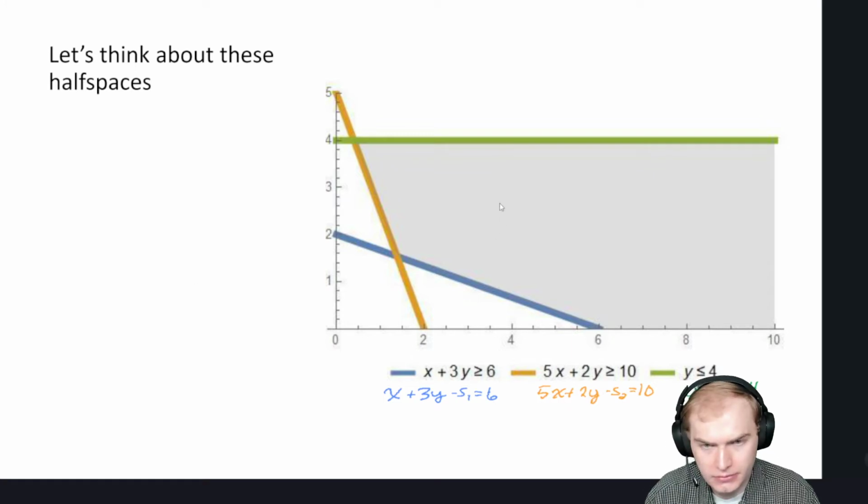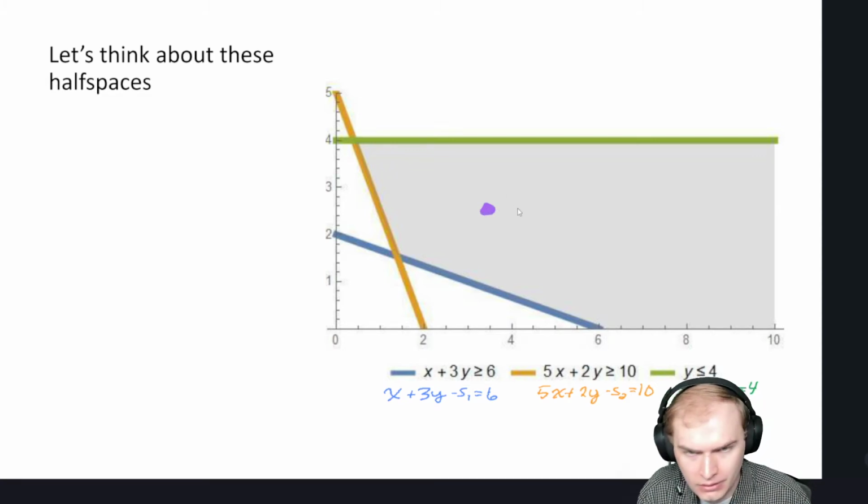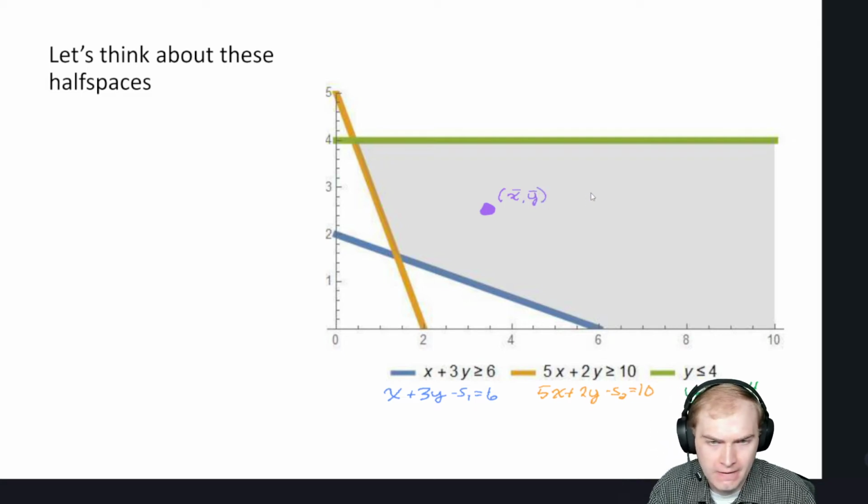So what if we have, let's just pick a solution out here in the middle. We're going to call this x bar, y bar. And our slack variable is going to represent the distance between our solution and whatever constraint that slack variable is a part of.